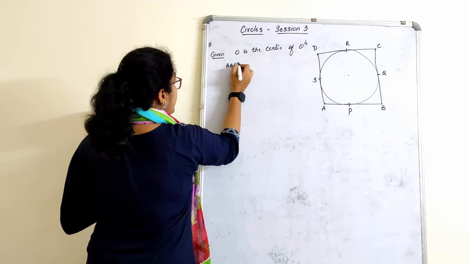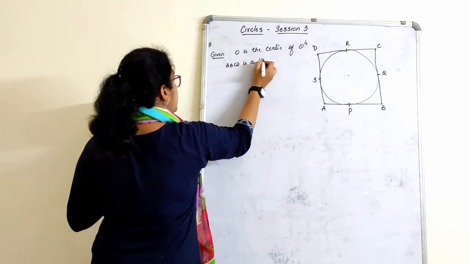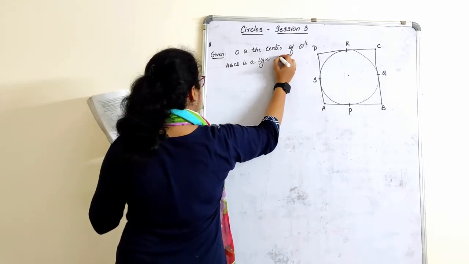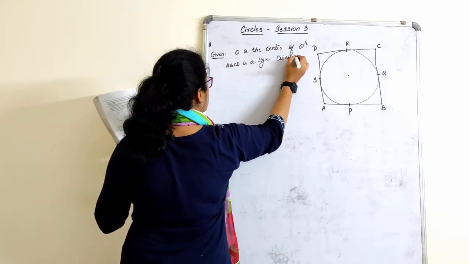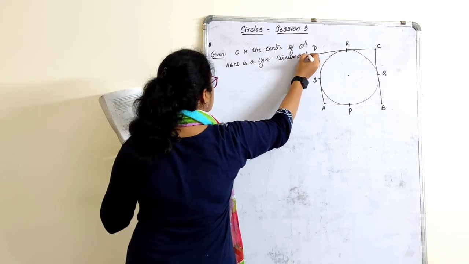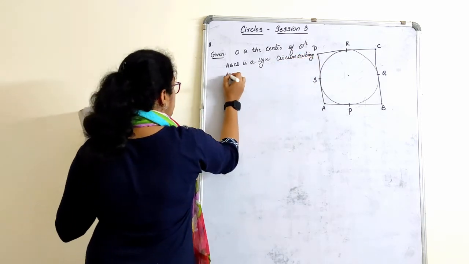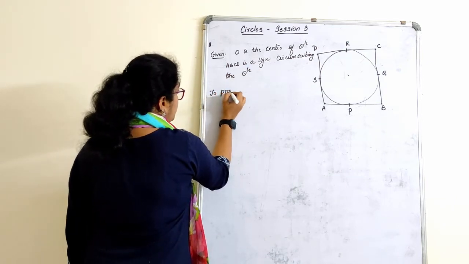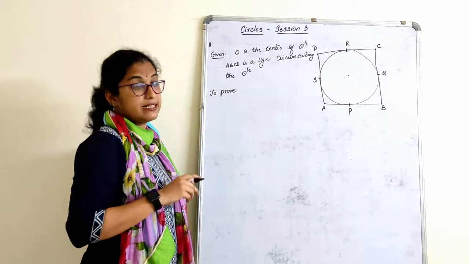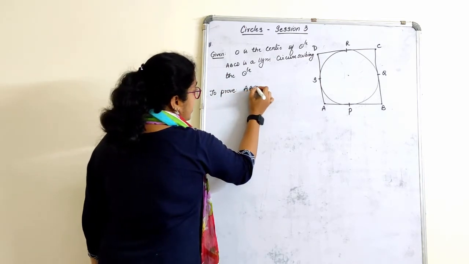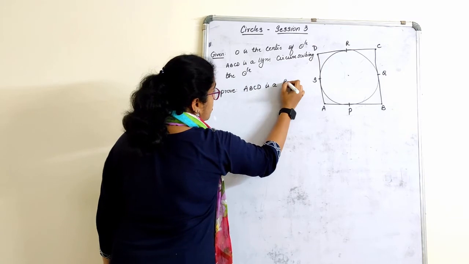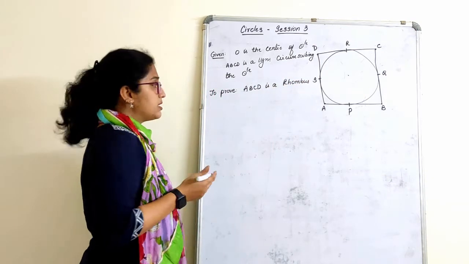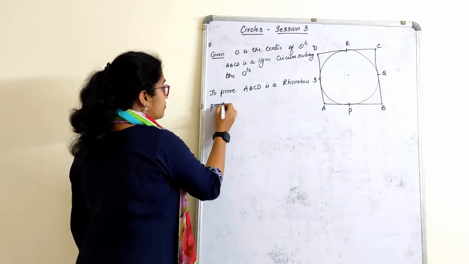Then ABCD is a parallelogram circumscribing the circle. Now what we have to prove? We have to prove that ABCD is a rhombus. Same as yesterday's, we will start now.